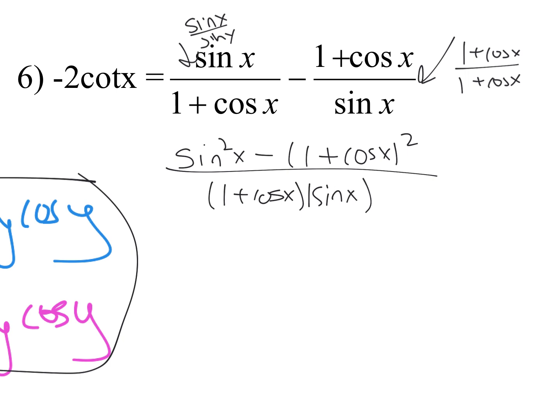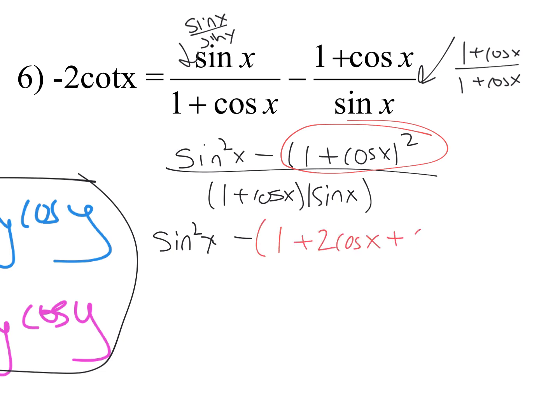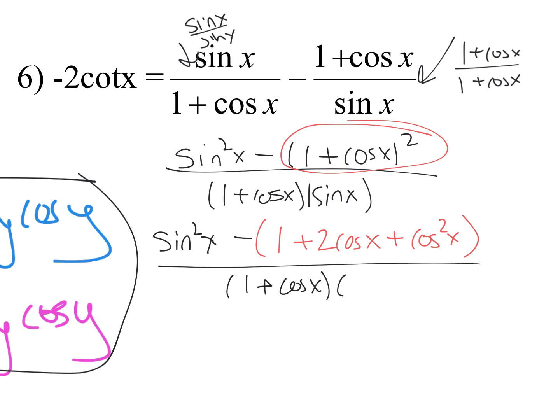Now I am going to distribute this, so I'll put that in red, what I end up with. So I end up with minus 1 plus 2 cosine x plus cosine squared over 1 plus cosine x sine x.